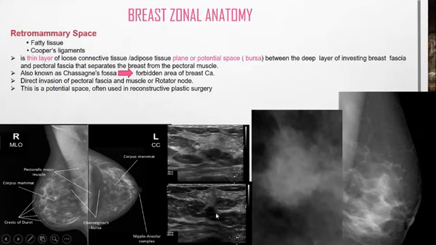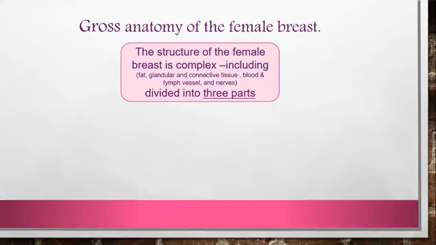There is no parenchyma, so it is easy to miss breast cancer in this area. And this is called Chassaignac's fossa. The retromammary area, the other name for it is Chassaignac's fossa, as we mentioned, is a forbidden area. Okay.